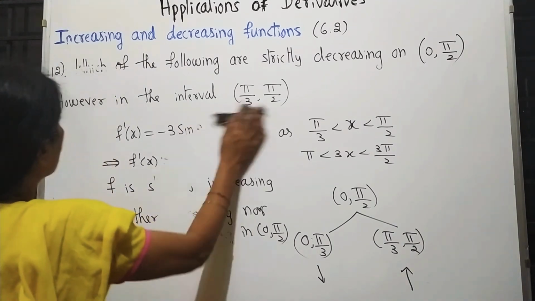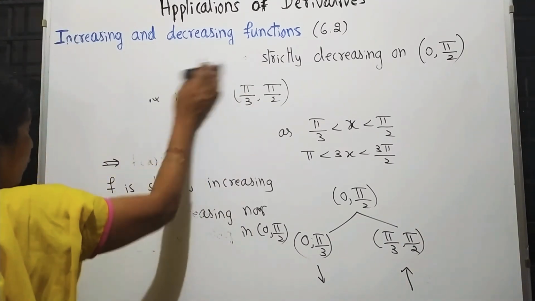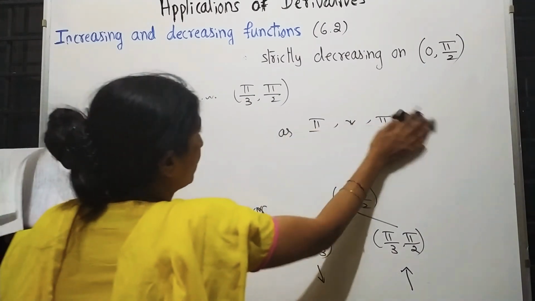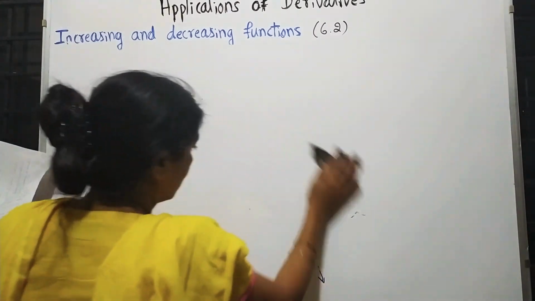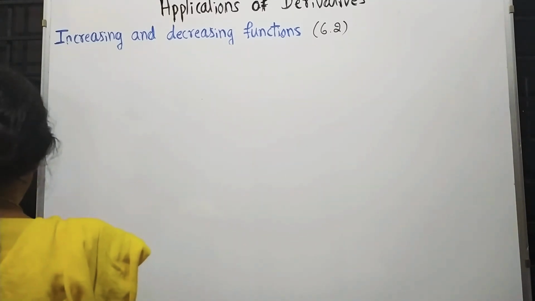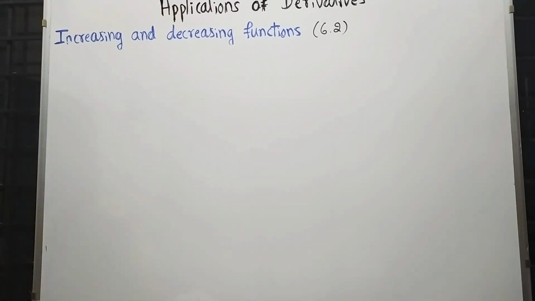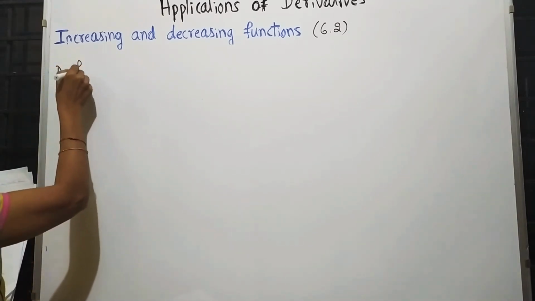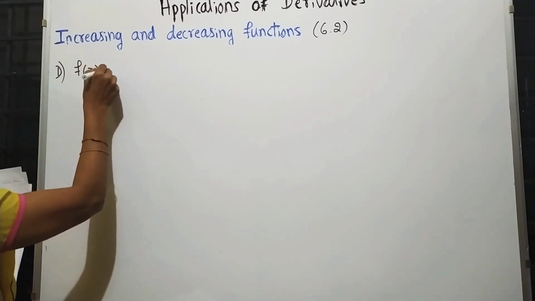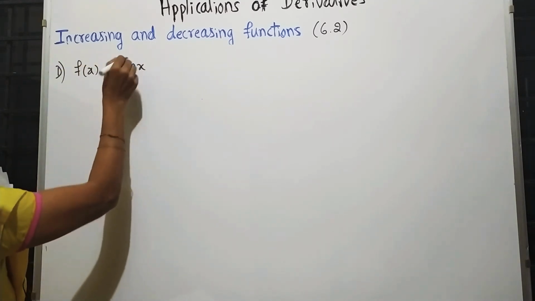Now one more question here in the 12th only, D. F of x is equal to tan x.